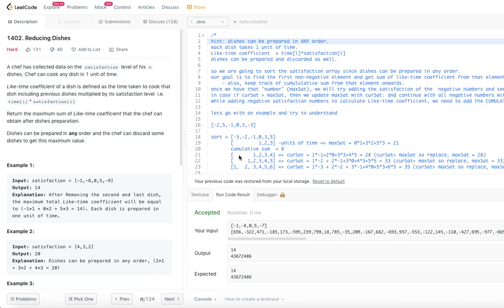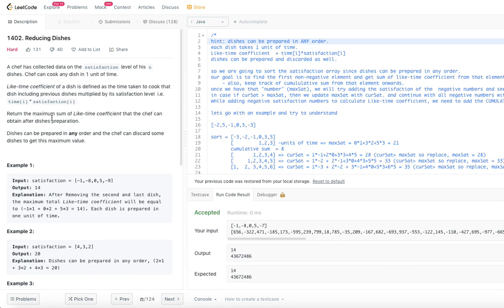Let's jump into today's problem. The problem is reducing dishes. A chef has collected data on the satisfaction level of n dishes. Chef can cook any dish in 1 unit of time. Like time coefficient of a dish is defined as the time taken to cook that dish including previous dishes multiplied by its satisfaction level, that is time of i into satisfaction of i.